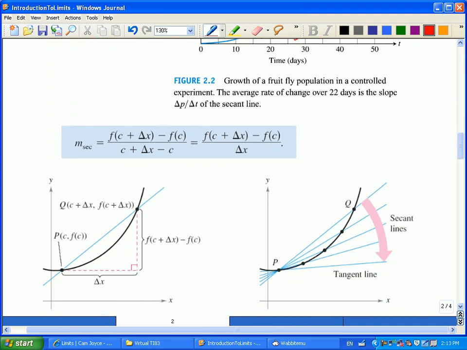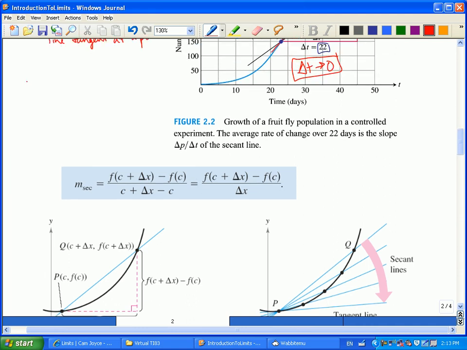A secant line. Secant is a line through 2 points. So when you hear that word being used, it's just saying like every line you've done up until now.